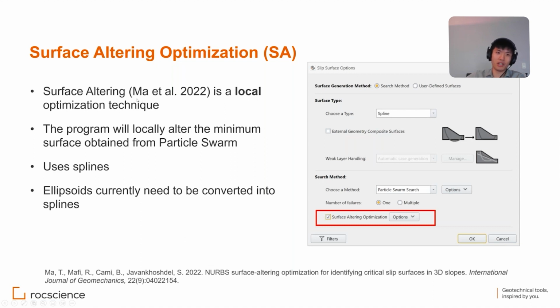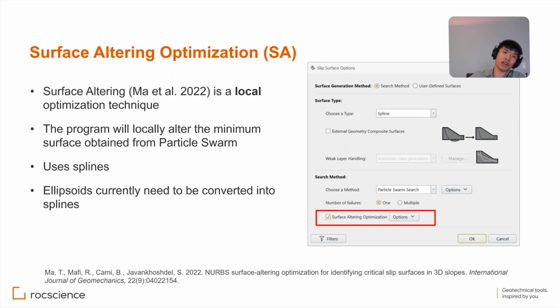But anyway, so the surface altering, just to recap, is a very local optimization technique. It takes the final surface that you get from your particle swarm, whether it's an ellipsoid or a spline, and it converts it into a spline if necessary, and then it locally alters that spline.